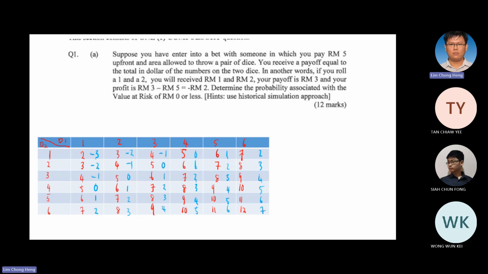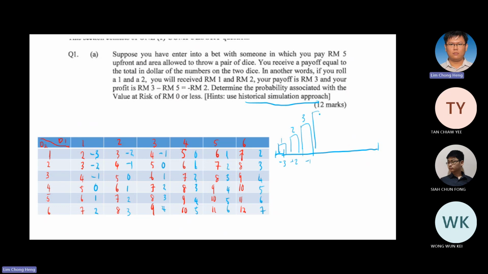And then for VAR, they ask you using historical method. Using historical method, you need to plot the histogram. The smallest figure is -3. How many times does it come out? One time. And then -2, 2 times. And then -1, 3 times.